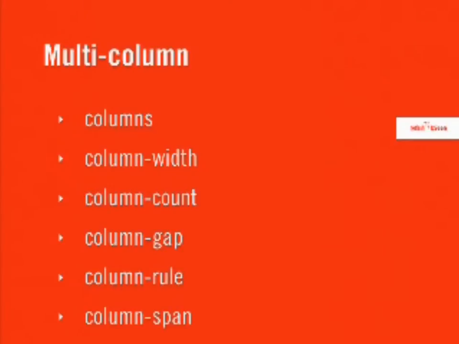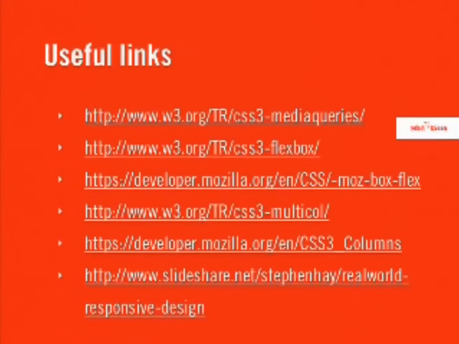You can specify column rule and a column span. There are actually lots more. I just summed up these here because I think these are the most interesting or most useful ones. Again, I posted a slide at the end with some links where you can find all the properties. These are those links. These slides will be available online, so you will be able to check them out.